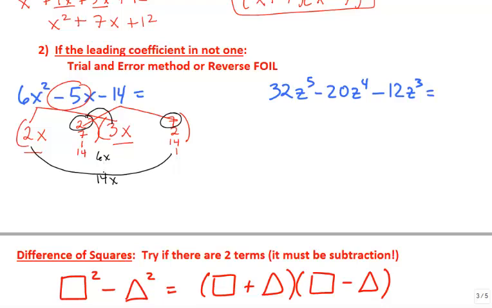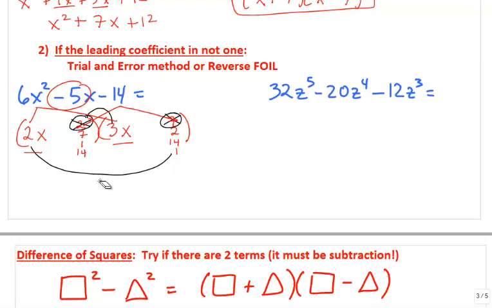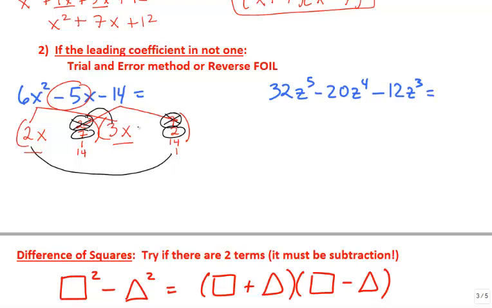No. If I add these, I'll get a 20. If I subtract them, I'd get an 8. So I'm not going to get a 5. So this option didn't work. Didn't give me the right middle term. So that means I move down my list, and I'm going to cross off the 2 and the 7, and I'm going to move to my next option, putting the 7 here and putting the 2 here.